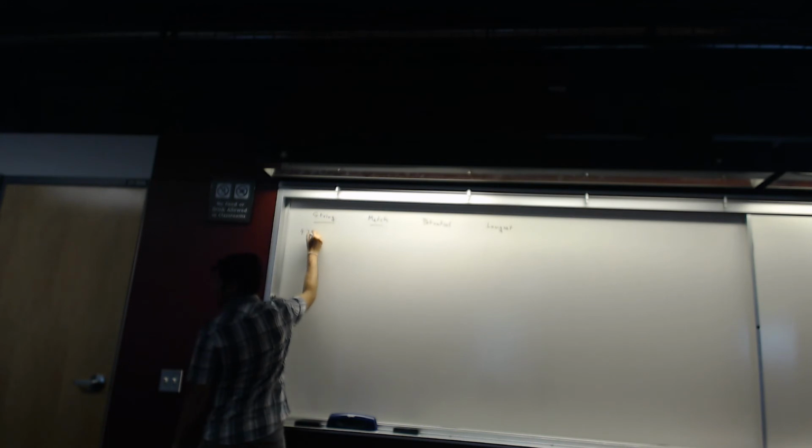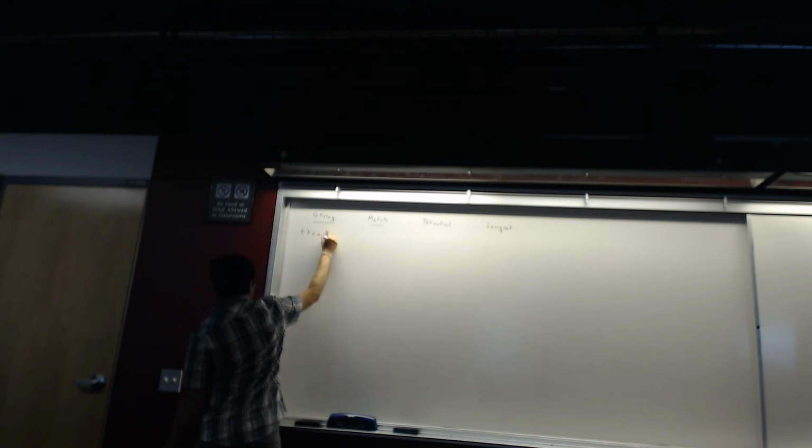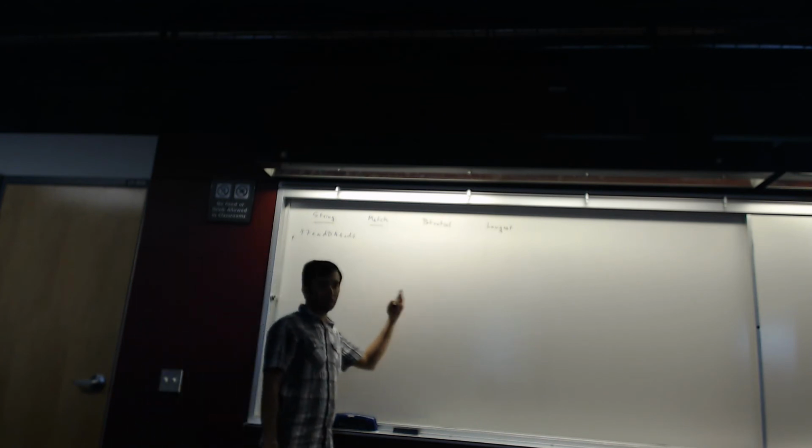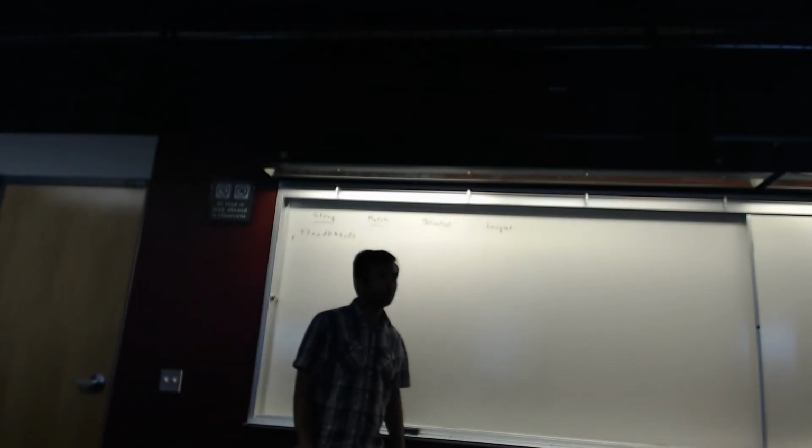So initially the string is what? 4, 7, A, D, capital D, then capital A, 4, small d, 4. That's the string. The header is initially here. Right? There is no match, no potential. Potential is everything. Right? No longest.